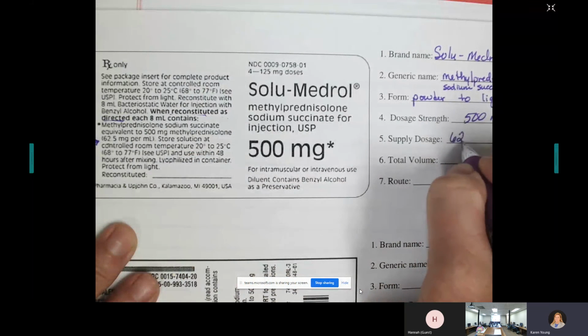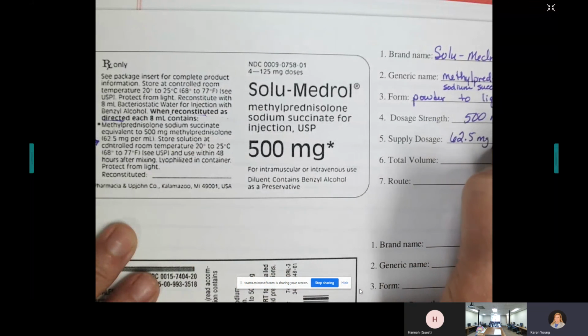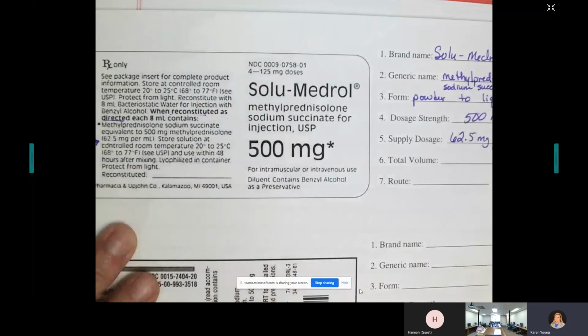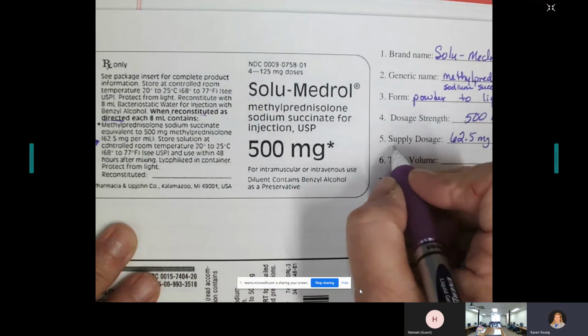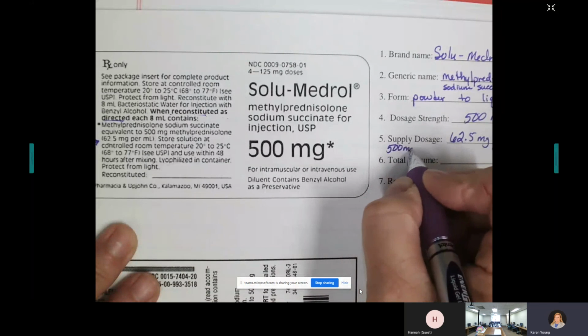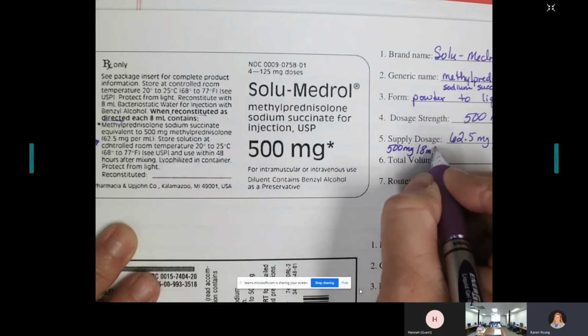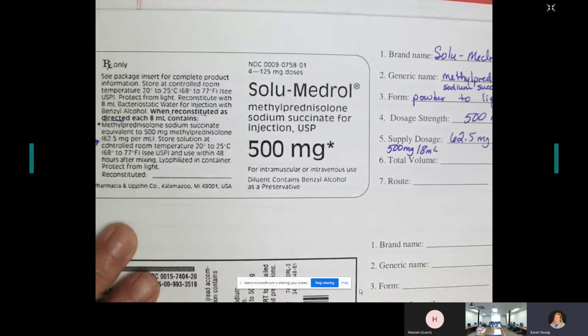The 62.5 milligrams per milliliter is what I want to use as my supply dose. I could have used 500 milligrams per 8 milliliters, because I'm adding 8 milliliters. Take 500 divided by 8, you get 62.5. So they're equivalent.